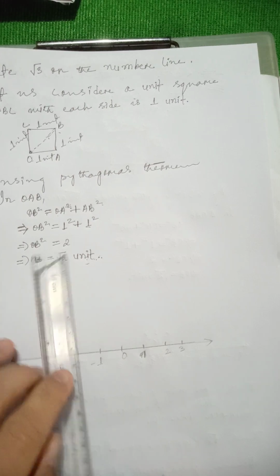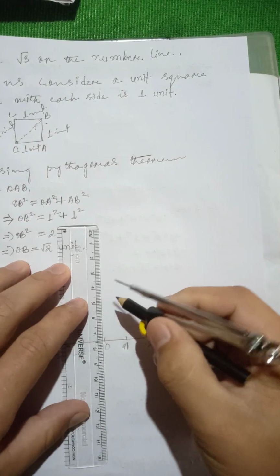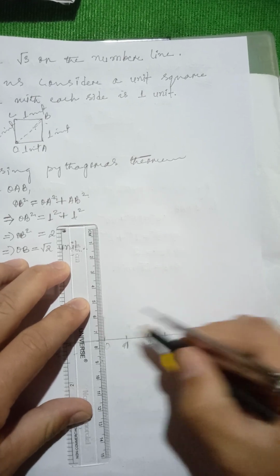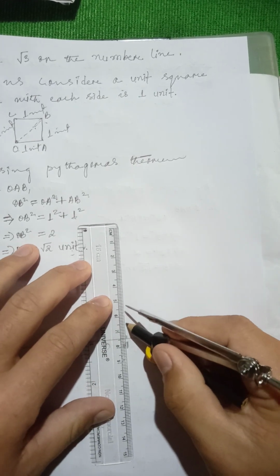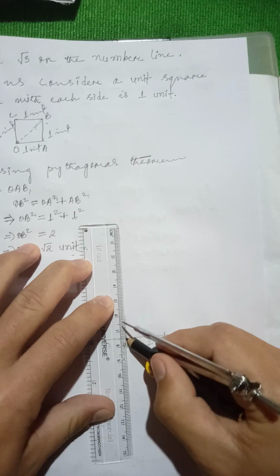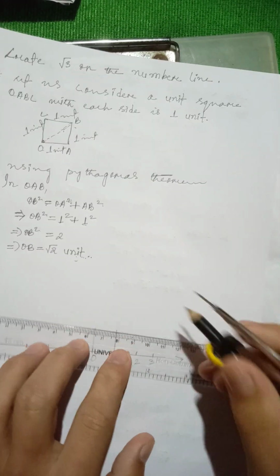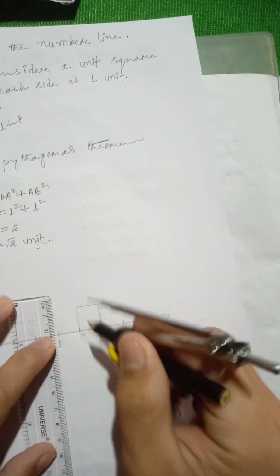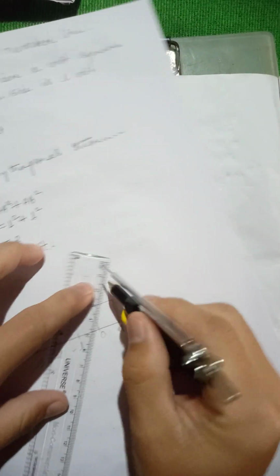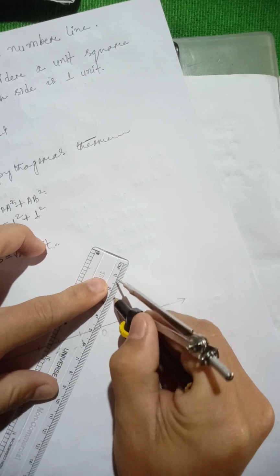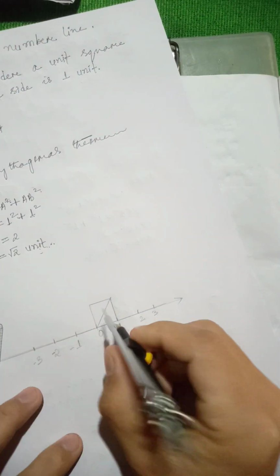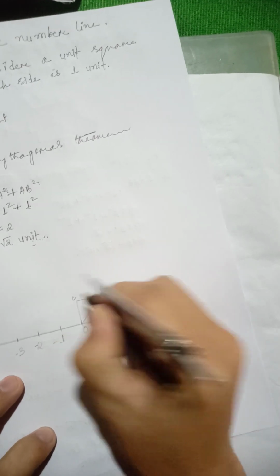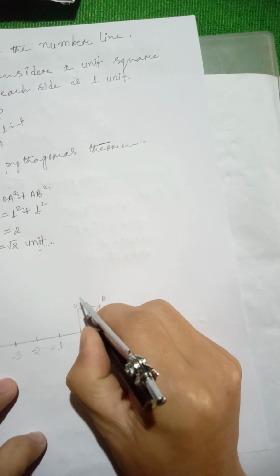So we have to draw a square. Then we have to represent root 2, okay? Let us name this one as A, this one as B, and this one as C. What is the value of this that we got?